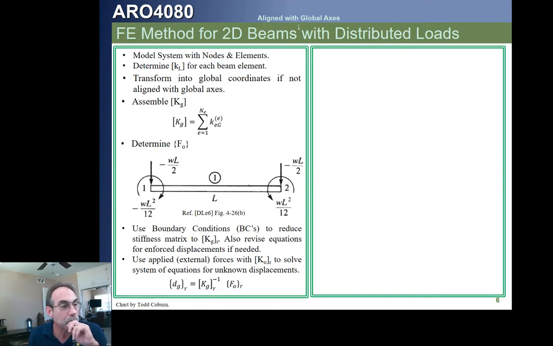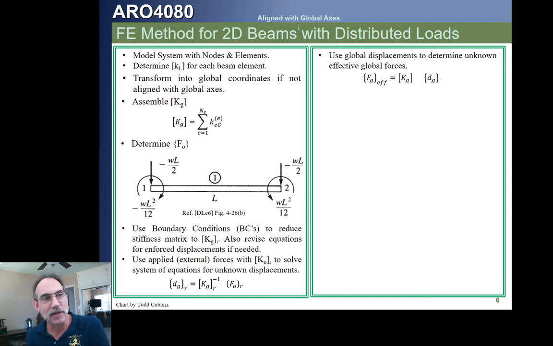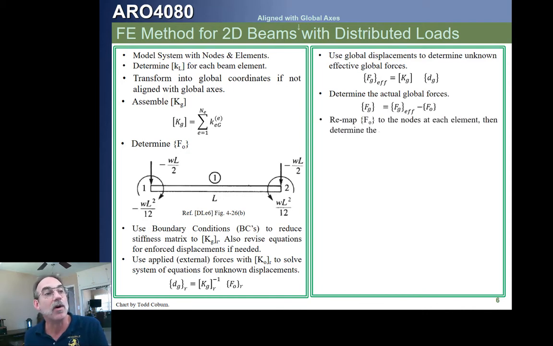Now, once we have those displacements, we can use those global displacements to recalculate any forces that we're missing, but those are the effective forces, which we now need to modify by subtracting FO.